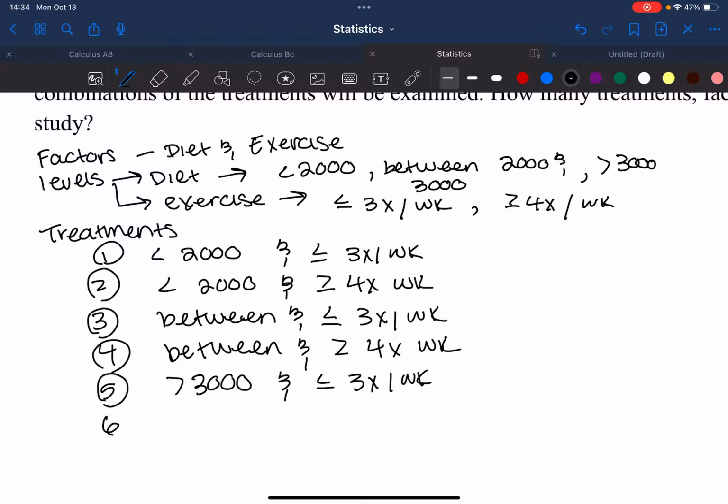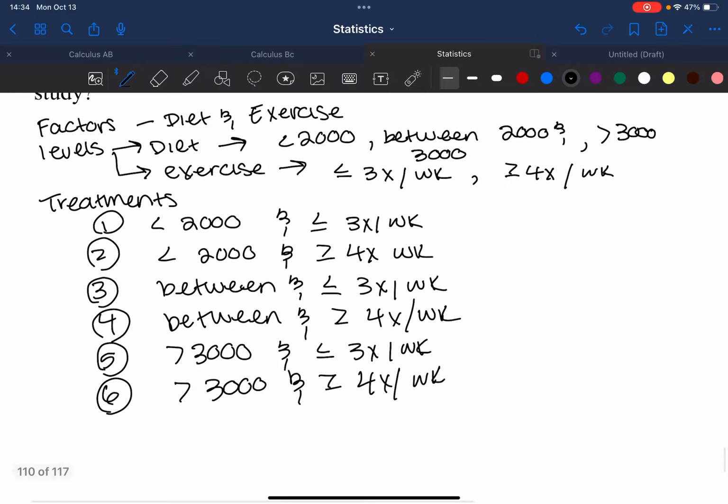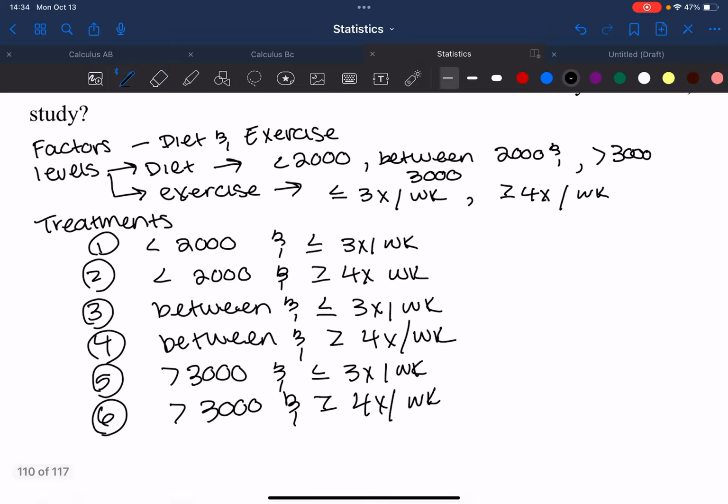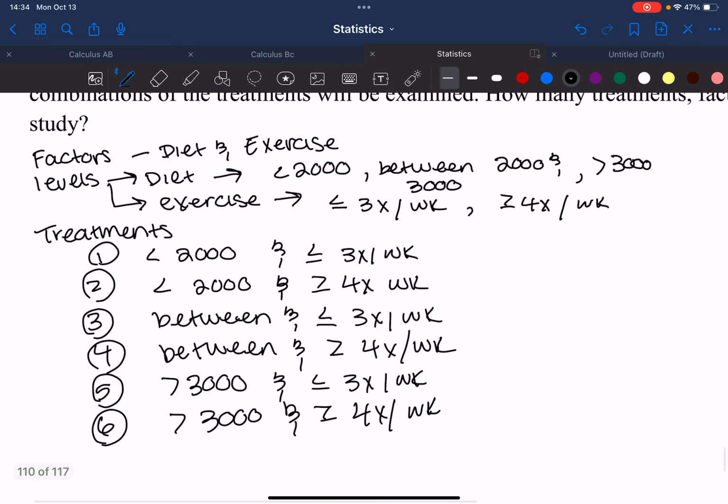And then the last one would be greater than 3,000 and greater than or equal to 4 times per week. Okay. Which means there's 6 treatments, 2 levels, and 2 factors.